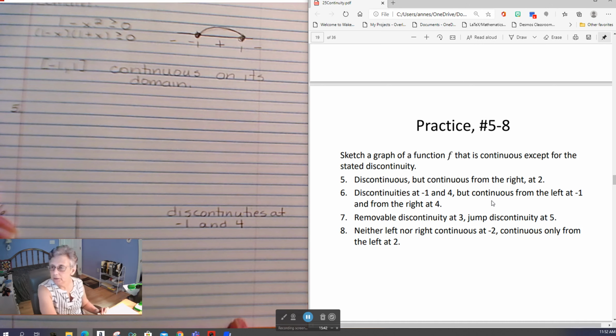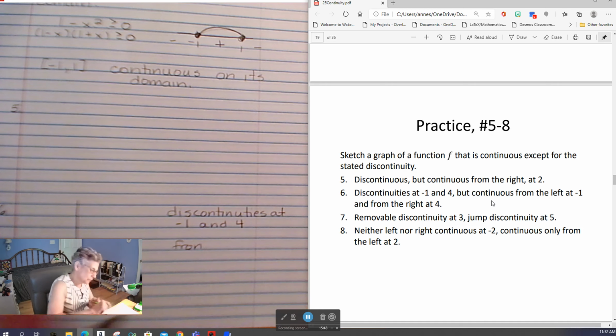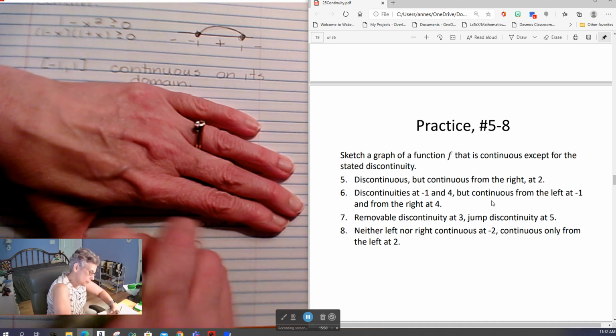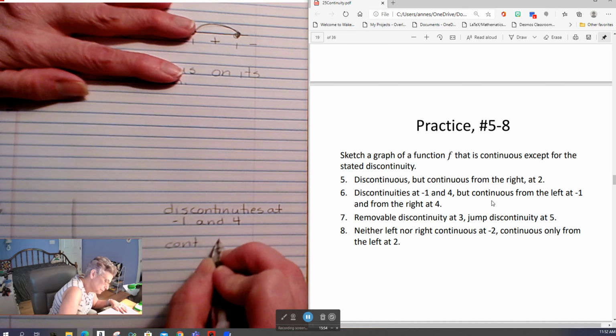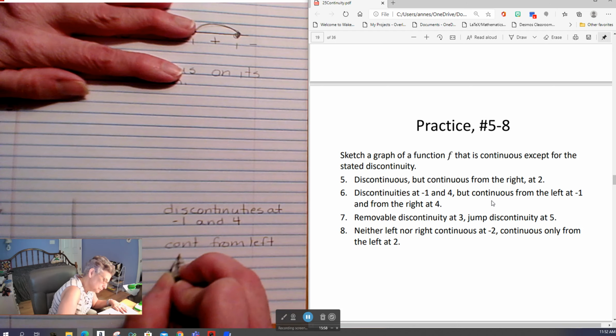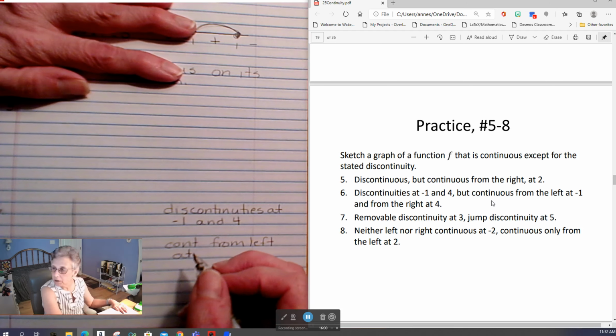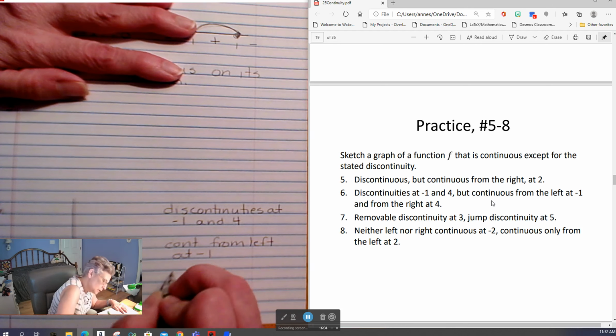I have it's continuous from the left at -1, continuous from right at 4.